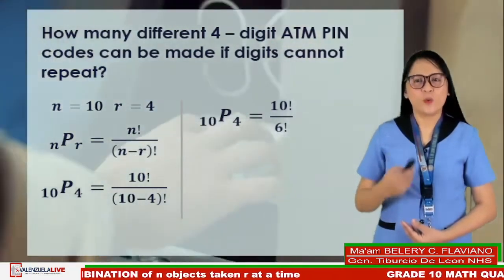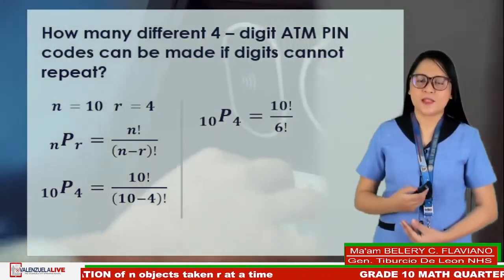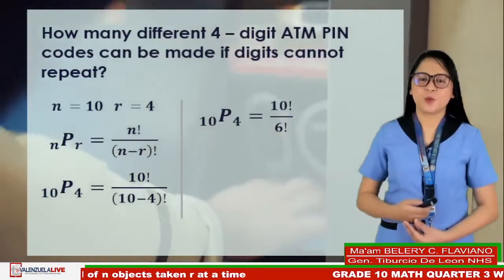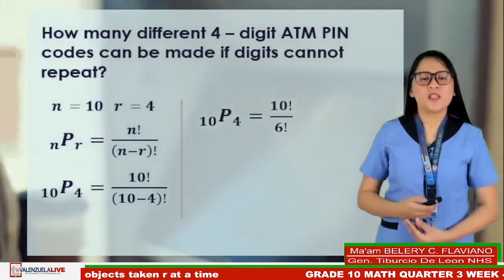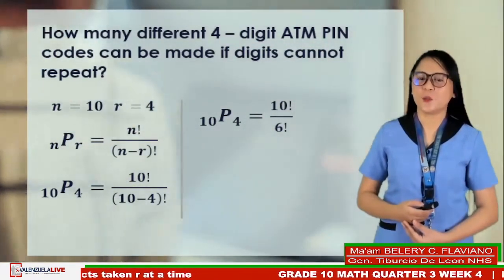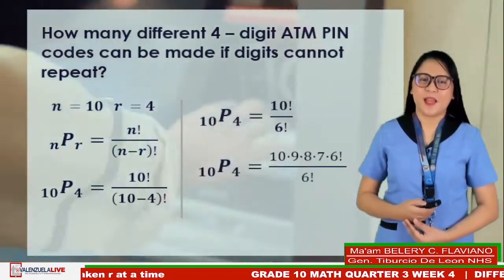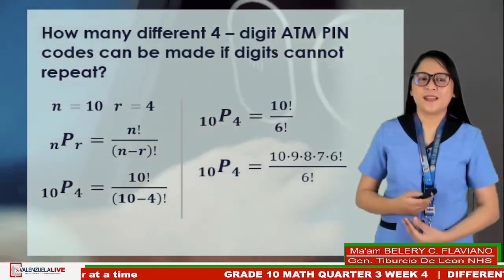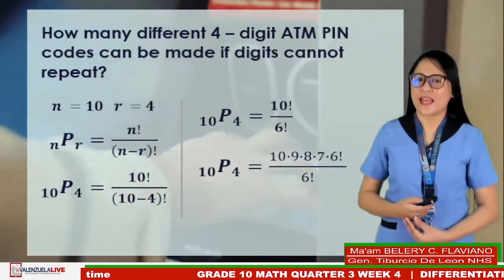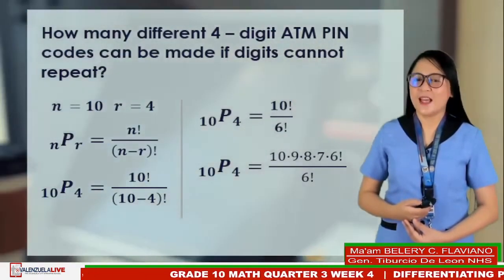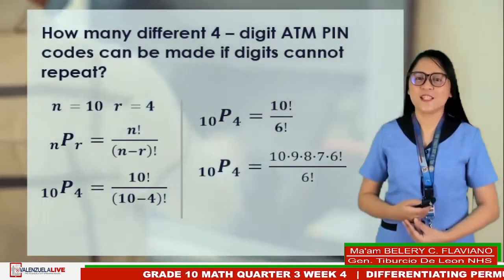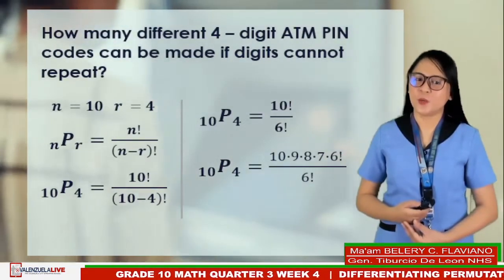Next, we will expand this up to 6 factorial in the numerator so that we can divide out 6 factorial in the denominator. Now we have 10 taken 4 equals 10 times 9 times 8 times 7 times 6 factorial over 6 factorial.